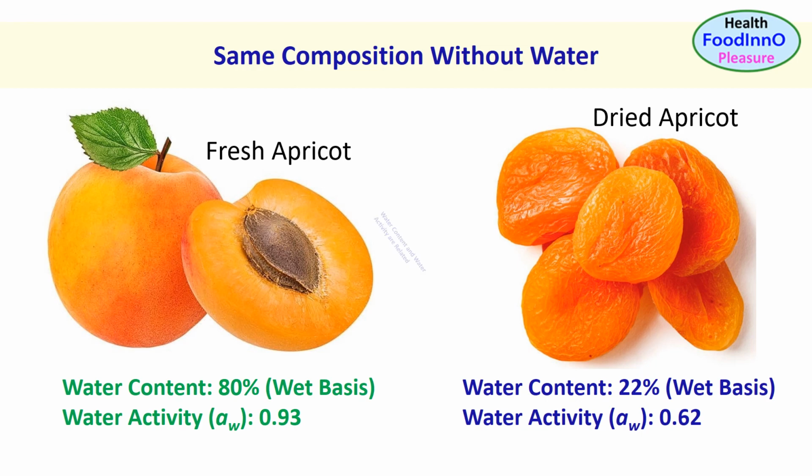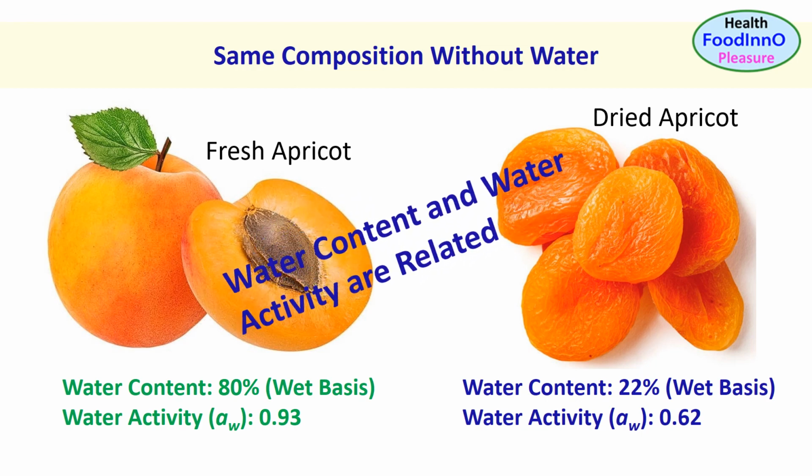Therefore, water activity and water content are not the same, but there is a relationship, that is, decreasing water content decreases the water activity and vice versa. In the next video, I'll explain the difference between water activity and moisture content in more detail.